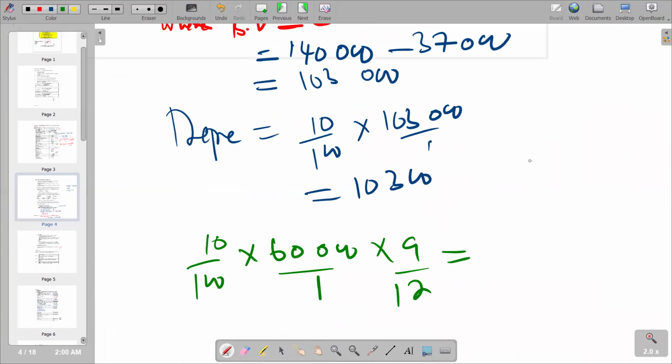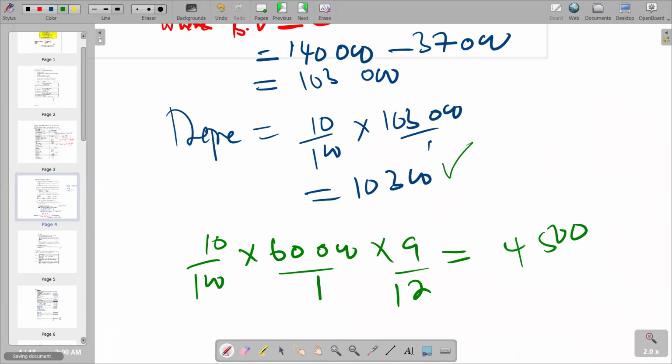So we can just calculate and see what we get. 10% of 60,000, you're going to get 6,000, and then you multiply by 9 over 12. And your answer is 4,500.